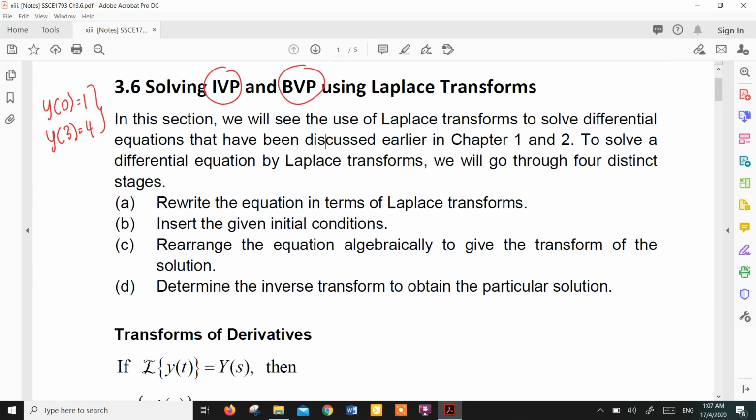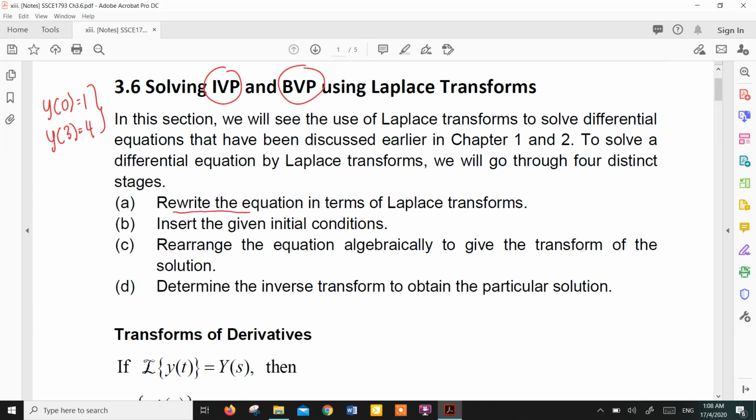In this chapter you have learned the Laplace transform, meaning that in this subtopic, solving the IVP and BVP using Laplace transform, you will learn how to solve the DEs by using Laplace transform.